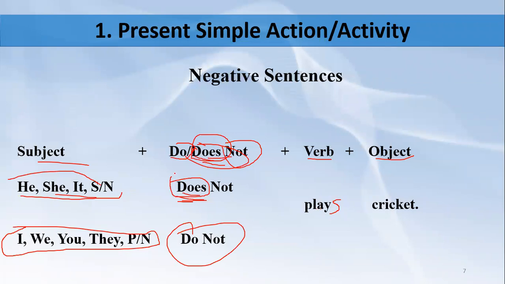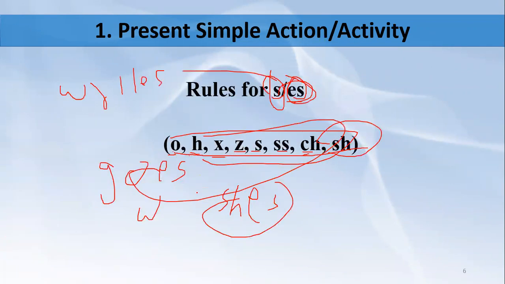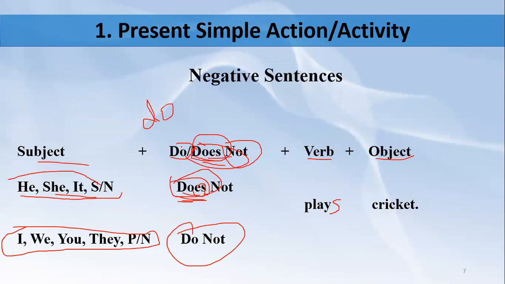Fine. When there is does or do, now if you look at do, the first form of the verb do is do, the second form is did, and the third form is done. Fine. Now with do, we already add s or es as per the rules. The rule is that if a verb ends with o, we have to add es.